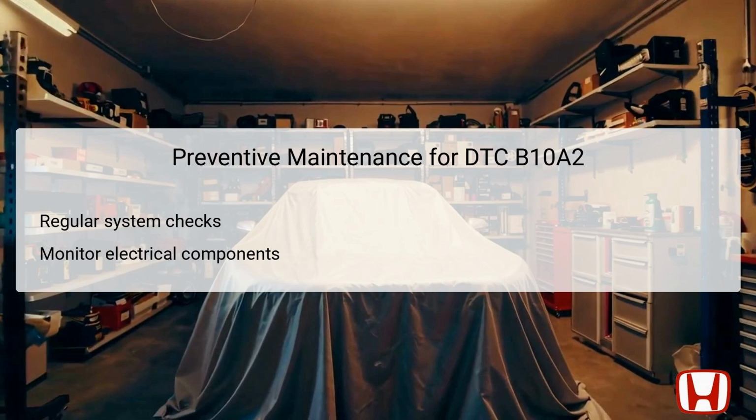Inspecting the wiring for any frays or damages can prevent electrical shorts that may affect the MICU. Keeping the vehicle's software updated can also help maintain the integrity of the MICU's functions. Lastly, ensuring that the battery and charging system are functioning optimally can prevent electrical spikes that might damage the EEPROM.